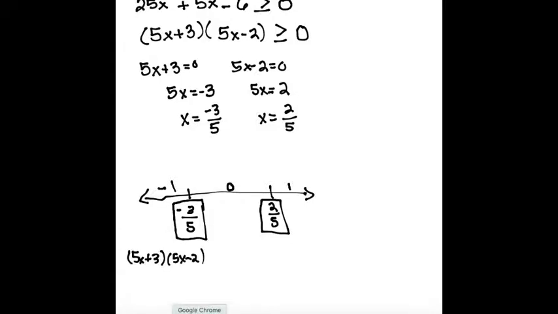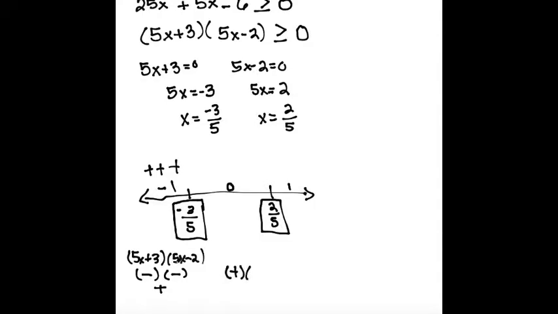So let's put -1 in. When you put -1 in here, you get -5 plus 3, which is a negative value. When you put -1 in the second part, you get -5 minus 2, which is another negative value. A negative times a negative is a positive. So this section is positive. Let's put 0 in. When you put 0 into 5x plus 3, you get positive 3.